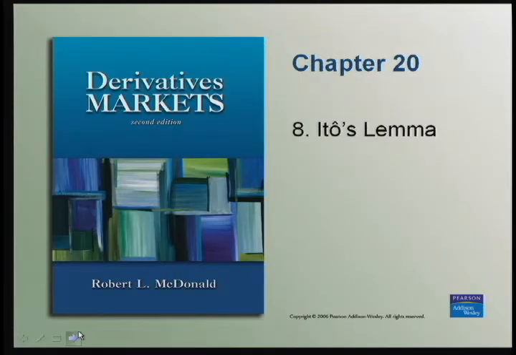In Module 8 of Chapter 20, we're finally going to turn to Ito's lemma, which, as I may have noted before, is probably the most powerful mathematical tool in finance today. It provides a way of identifying, if you know the stochastic process that governs the stock prices, the stochastic process that governs the price process of all derivative securities on that stock.